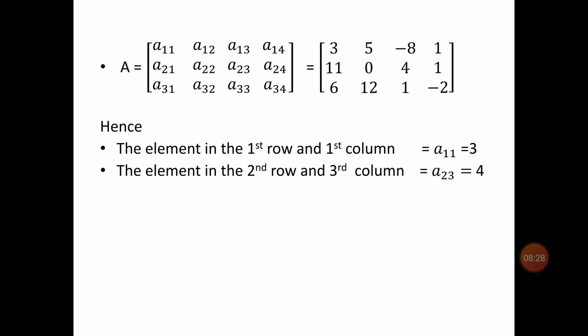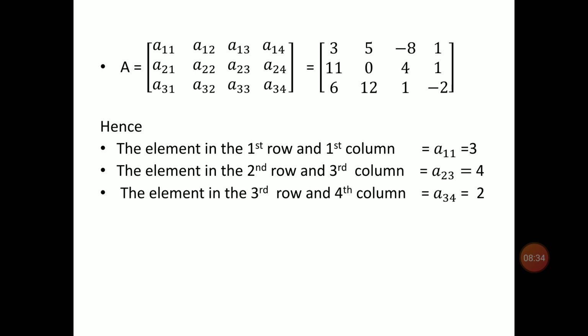Then the element in the third row and the fourth column will be denoted by A34 and its corresponding value is equal to -2. Here I have made one mistake. It cannot be +2. It must be equal to -2.